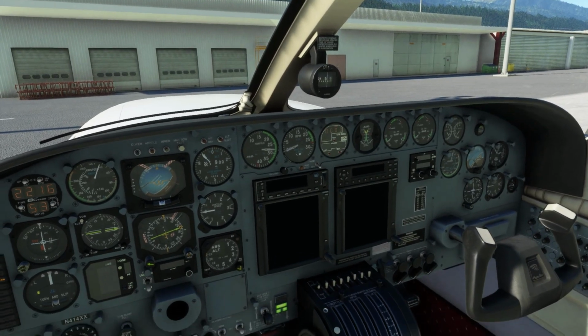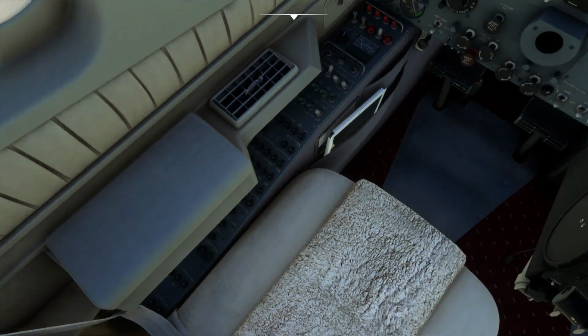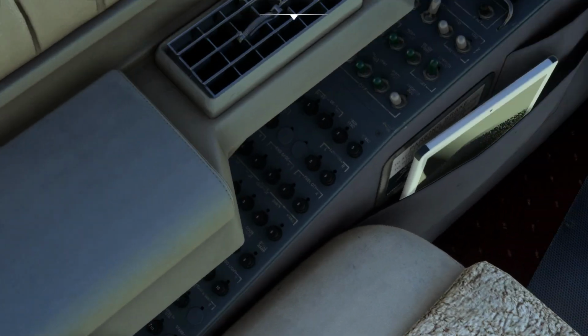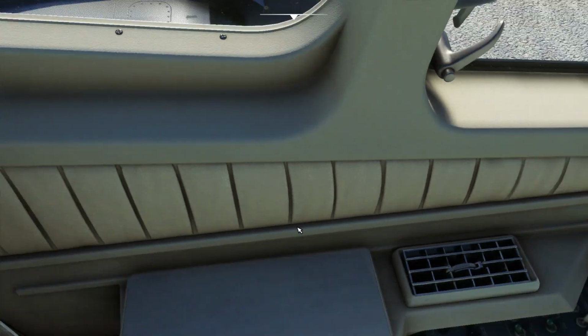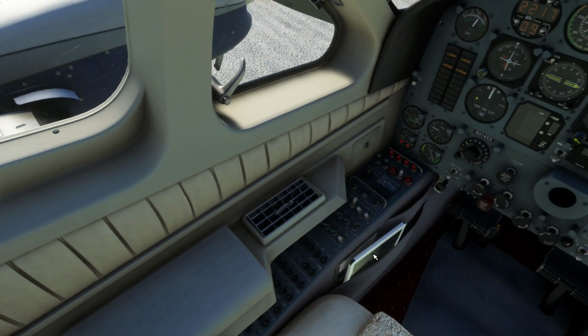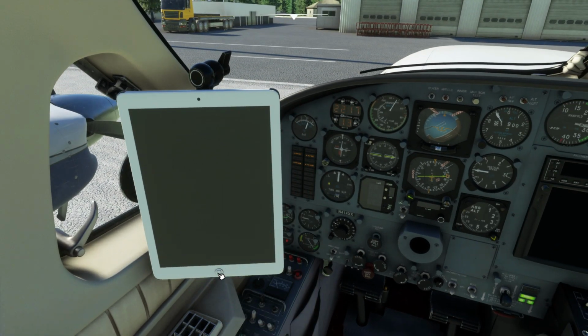Okay, and we can open the door and let the passengers out, and that'll be it.